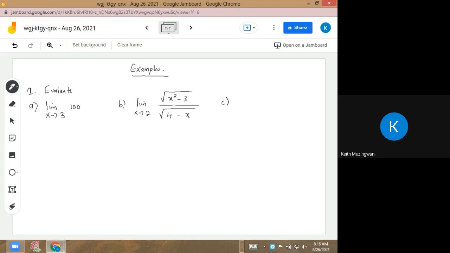C, the limit as x goes to 1 of 1 over x cubed minus 4.